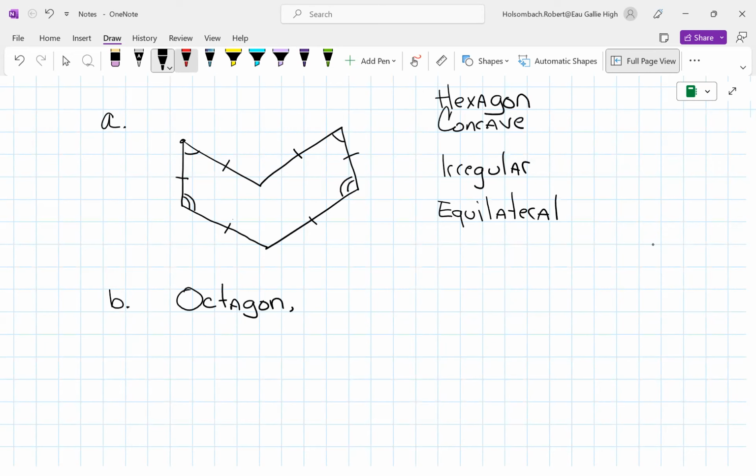Convex or concave? Convex. Now, it's got all the same sides, doesn't it? And it's got all congruent angles. So regular or irregular? Regular, good.